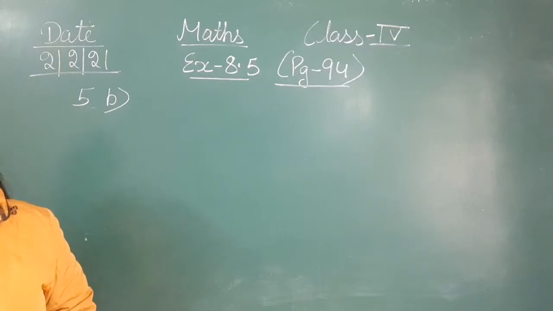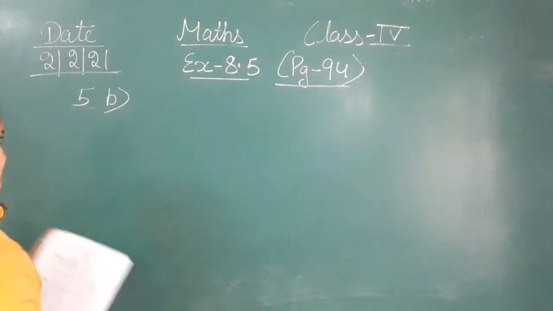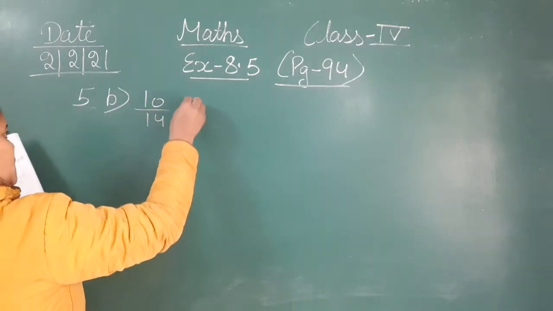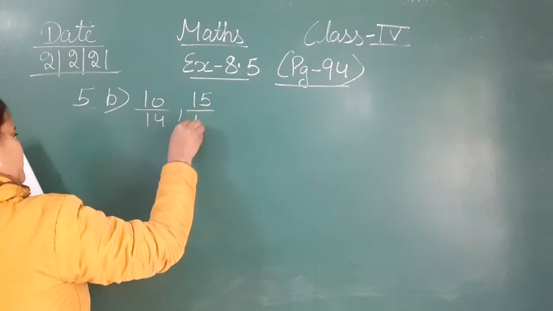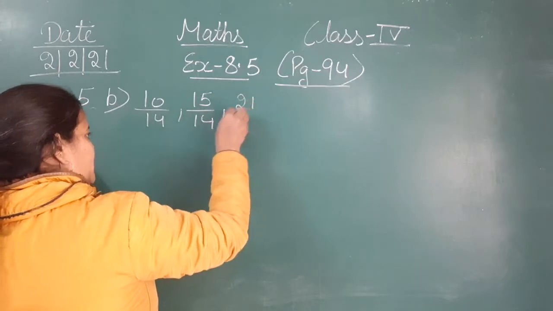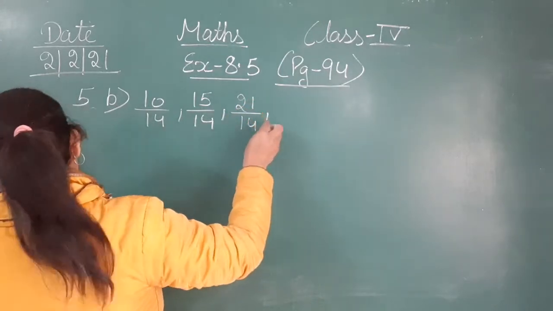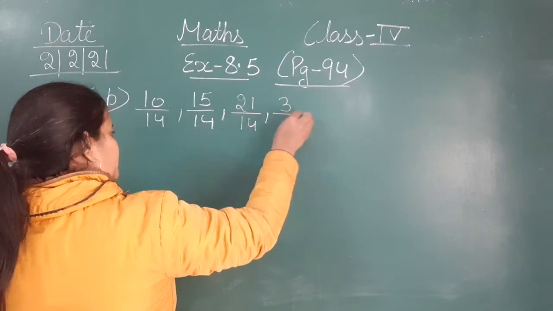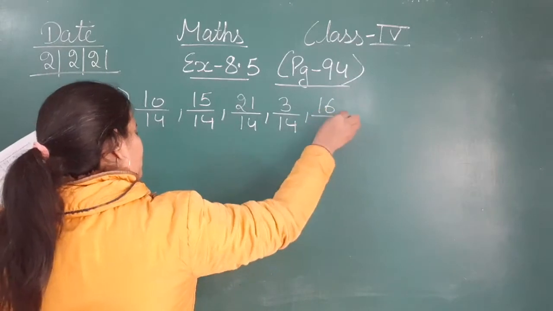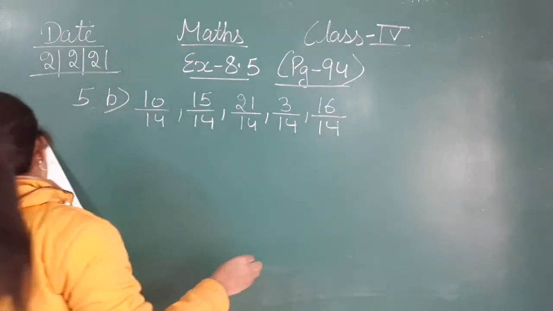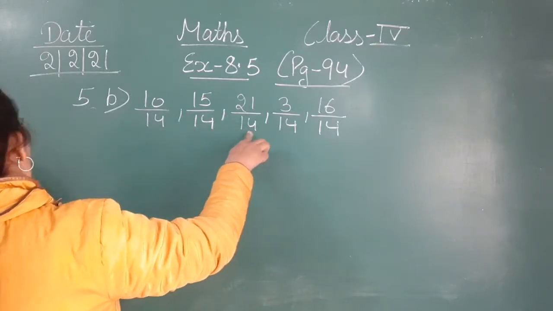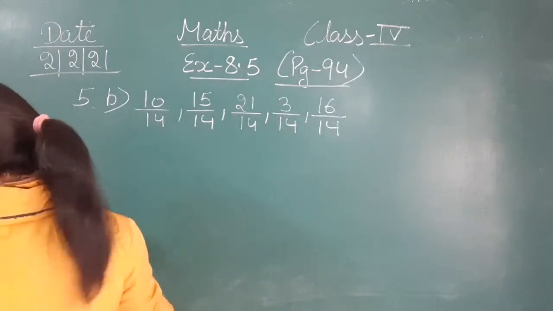That is 10 upon 14, 15 upon 14, 21 upon 14, 3 upon 14, and the last is 16 upon 14. Okay, 10 upon 14, 15 upon 14, 21 upon 14, 3 upon 14 and 16 upon 14.